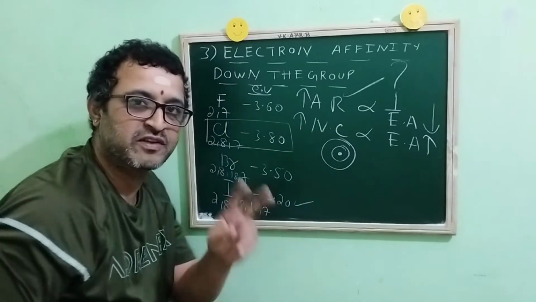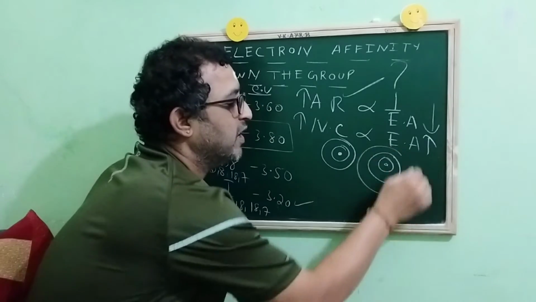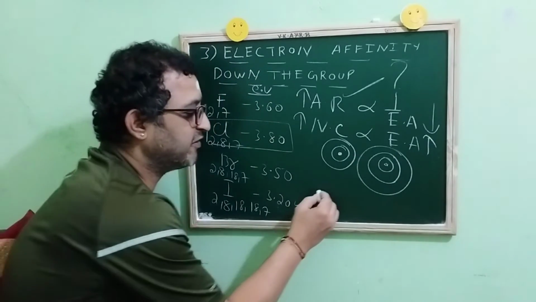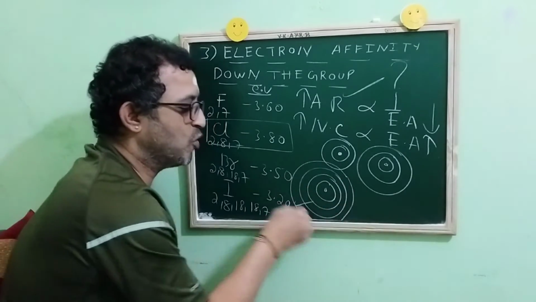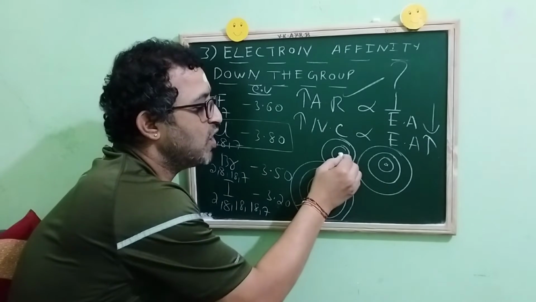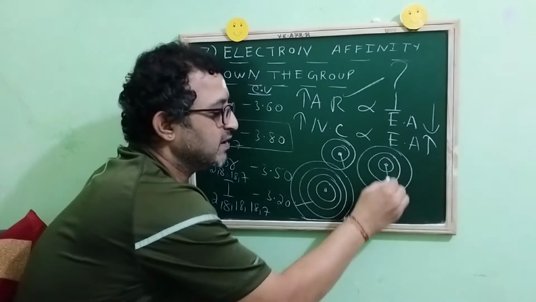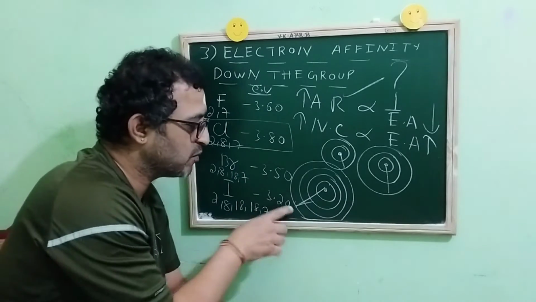This is fluorine, which has 2 shells, this is chlorine, which has 3 shells, and this is bromine, which has 4 shells. Out of the 3 examples I have taken, the biggest atom is bromine.